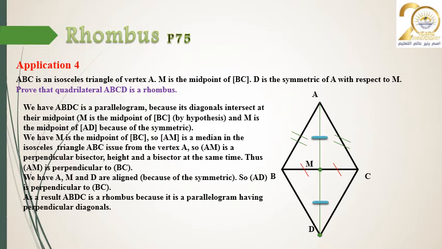We have M is the midpoint of BC. So AM is a median in the isosceles triangle ABC because it starts from A, which is the vertex, and goes through the midpoint of the opposite side, so it's a median.